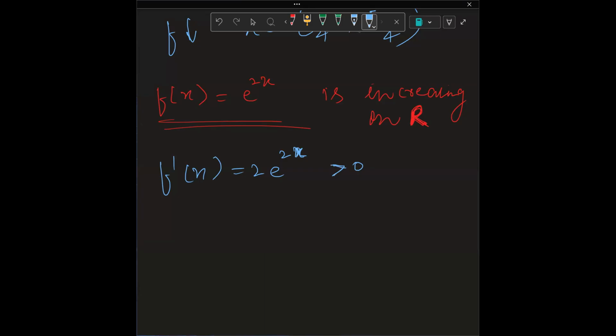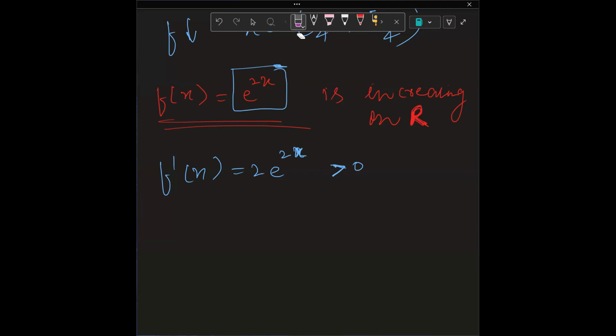If it were always greater than 0, then why would I need to prove this? If this is always greater than 0, then this is also. What is the need to prove? So here we can't use the derivative.